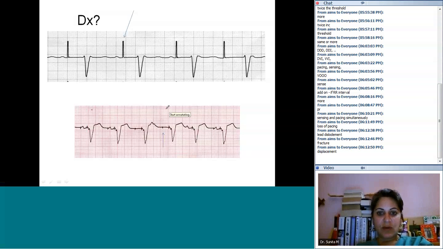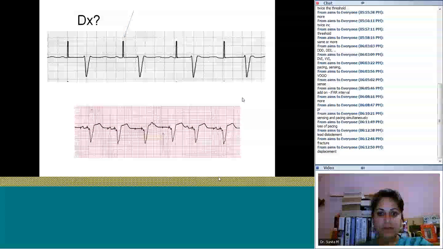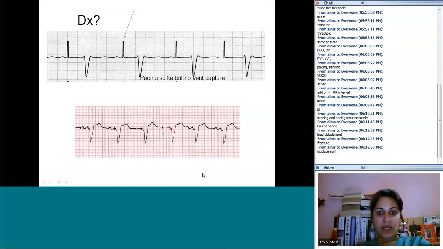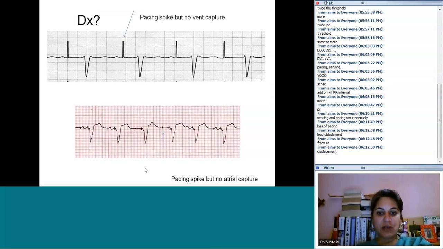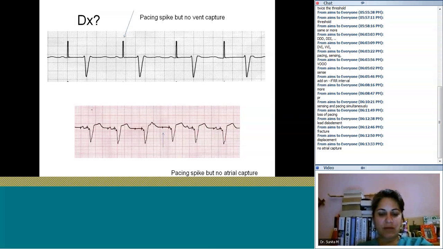See this one down here, right? So you're getting again pacing spike, but no ventricular capture. Here, pacing spike, no atrial capture. So you're not capturing it, right? That's right. You're not capturing it at all.